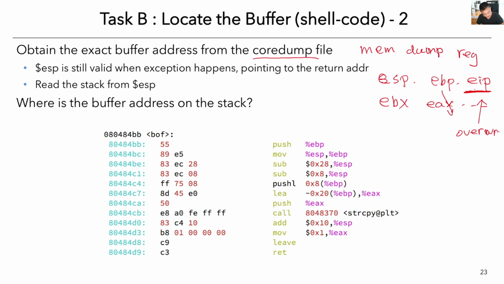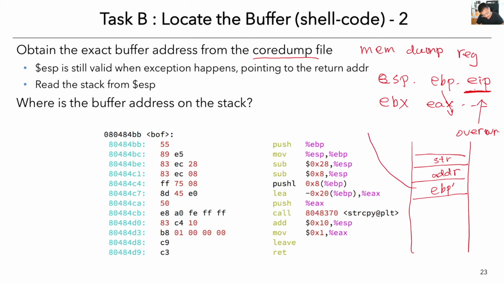Right, so let's look at the memory layout. We have parameters here, say str, we have the ADDR here, we have the old EBP here. When you return from the function, the old EBP will be loaded into the EBP register.